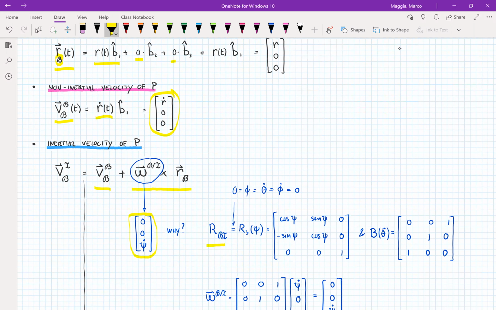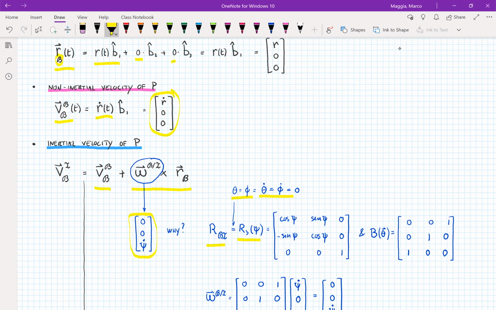So R_BI, the rotation matrix that takes us from I to B, is simply R3 of psi. The other two angles are 0 and also their derivatives. So our overall rotation matrix is simply given by the elementary rotation about axis 3.